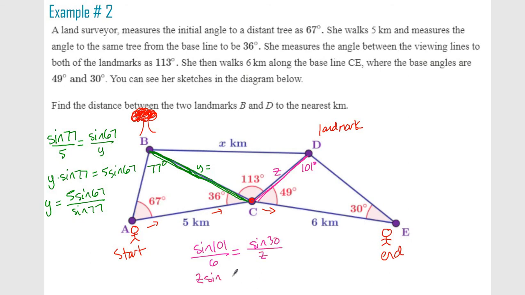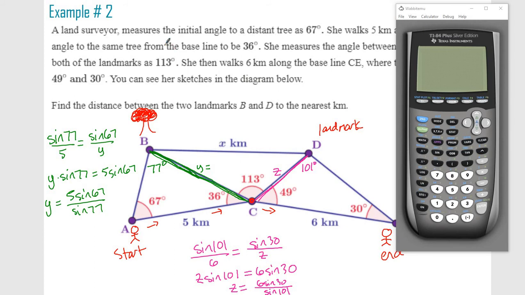So z times sine of 101 equals 6 sine 30. So z is just 6 sine 30 over sine 101.